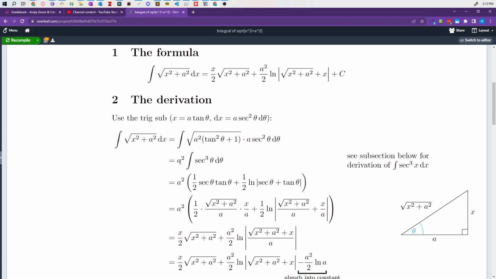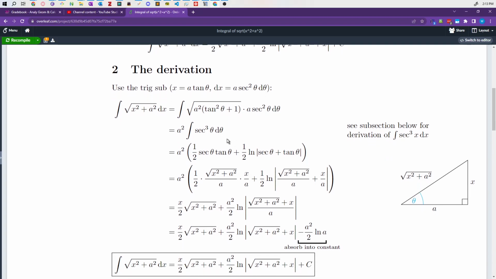Right, so now this ends up becoming a bothersome trig integral, the integral of secant cubed, which in Calc 2, you probably learned to do using a trig reduction formula. Below, I go through a different way of doing it, which shows you how to do it directly using integration by parts, which I'll talk about in a minute.